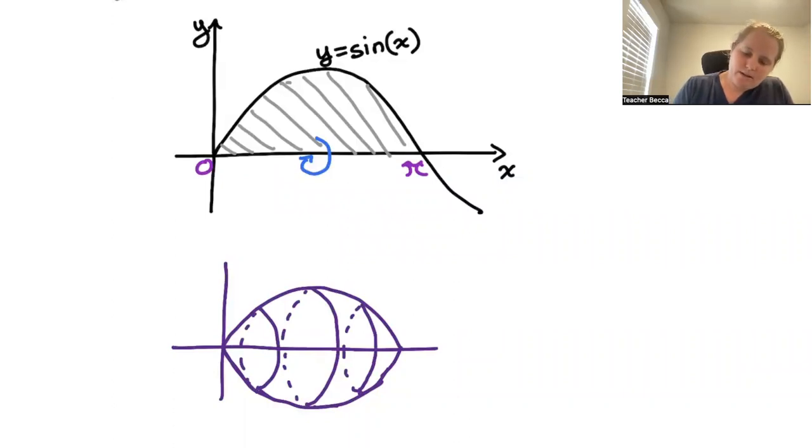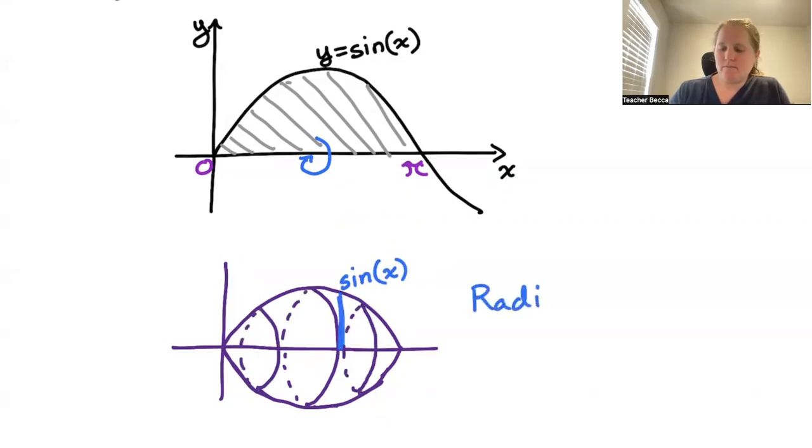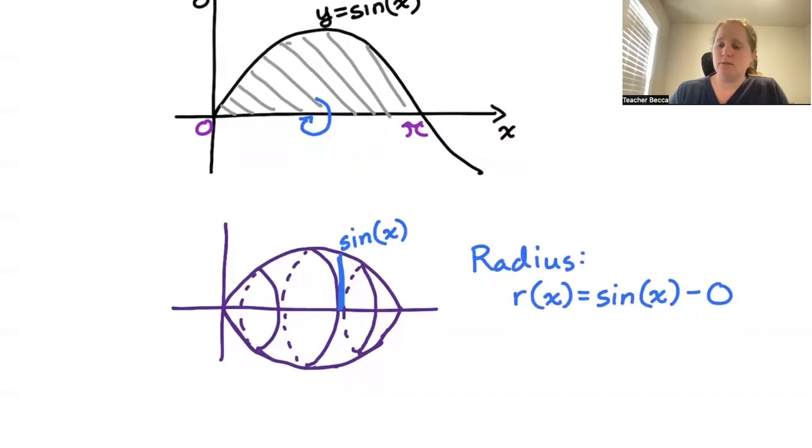The radius runs from the x-axis to sine of x. So our radius r of x is just the difference between sine of x and the x-axis, so sine of x minus 0, or sine of x.